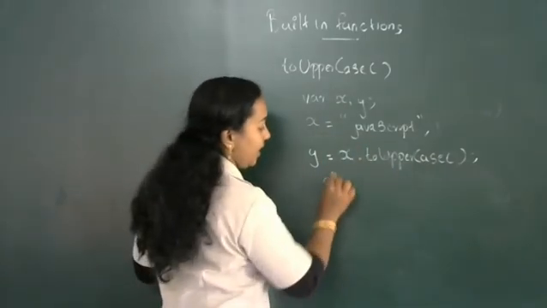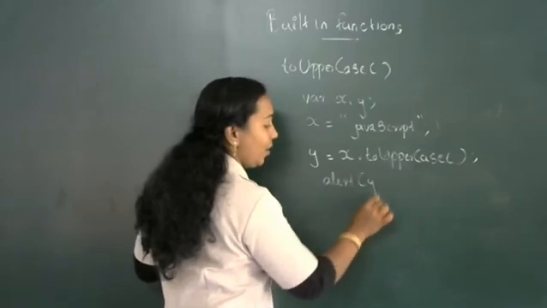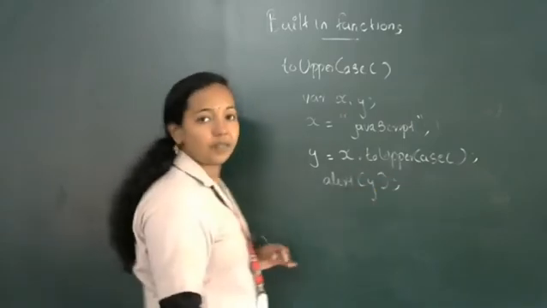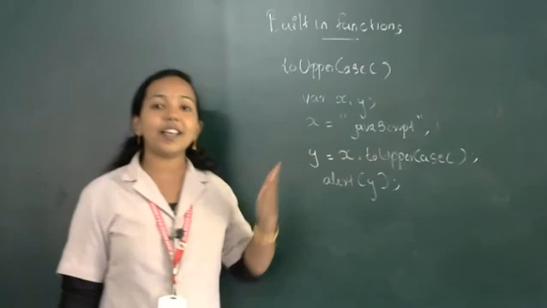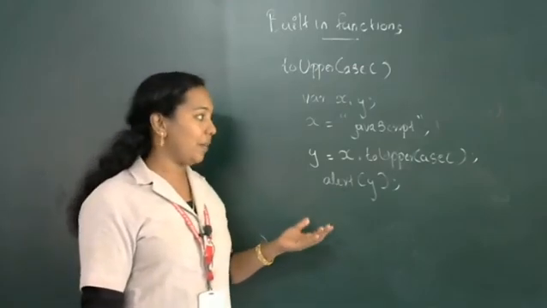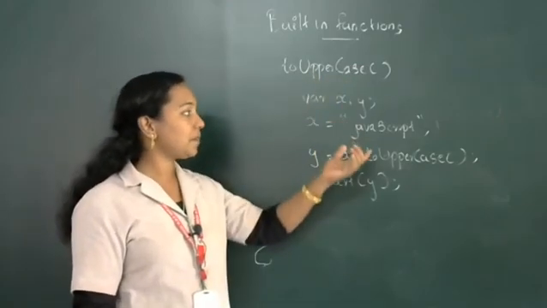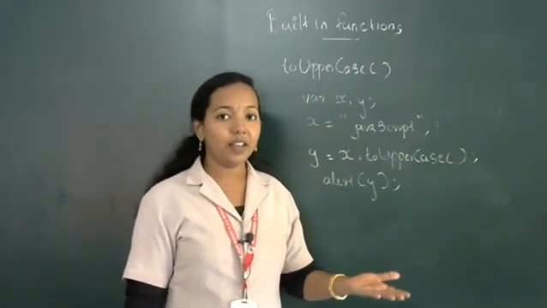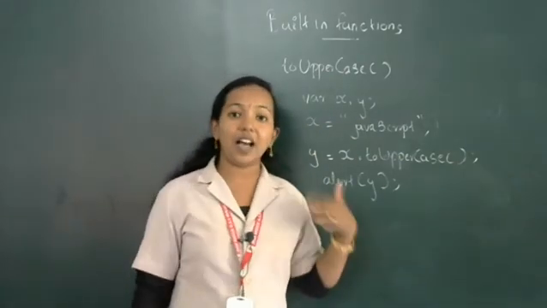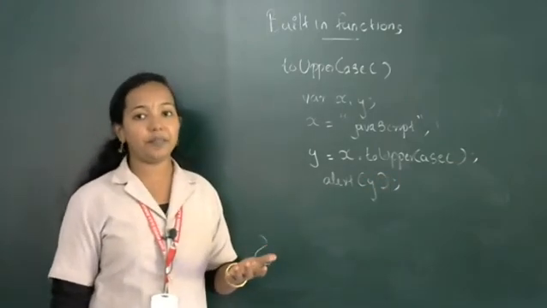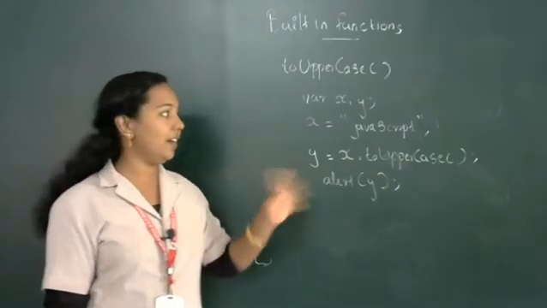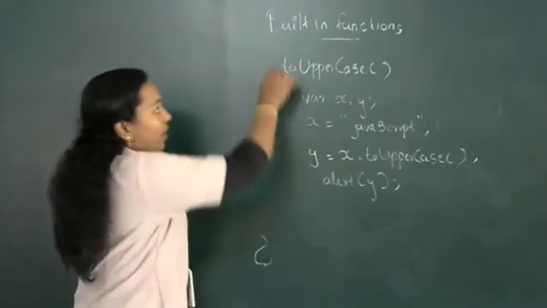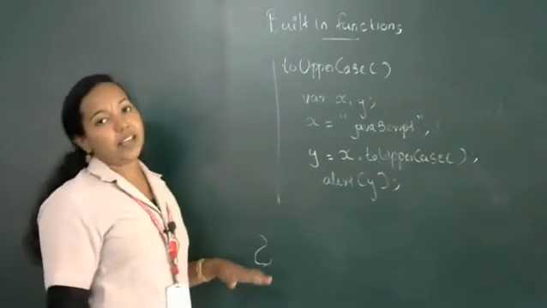Then after that I can write alert of y. What does alert of y indicate? In the message box you will get JavaScript in uppercase. JavaScript in which letters? Uppercase characters. I think the concept is clear.